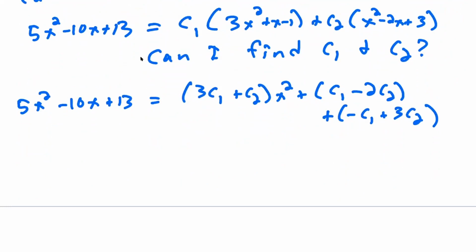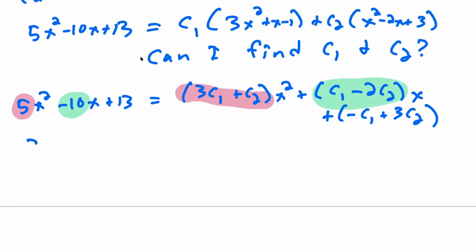And then I want to equate coefficients, right? So as an example, this thing and this thing have to be the same because they're both x squareds. And this thing and this thing, and I see I left something off. Let's fix that. Those two things have got to be the same because they're the same coefficients. And likewise with the constant terms.